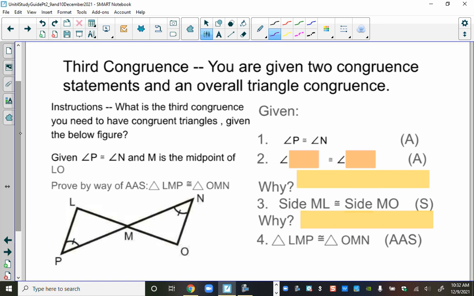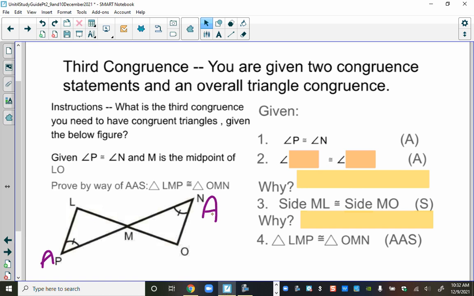All right. So they told us P and N are congruent. We agree to that, right? Now, in the end, what type of triangle congruence must we have?